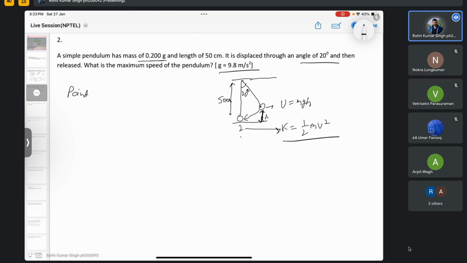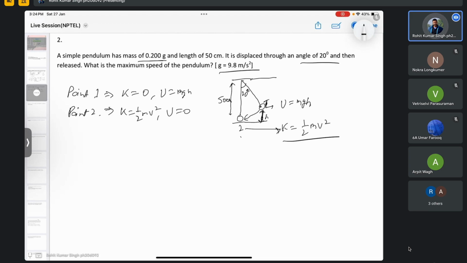At point 1, what we have is kinetic energy 0 and U is mgh. At point 2, kinetic energy is half mv square and U is 0, right? So U is converted into K.